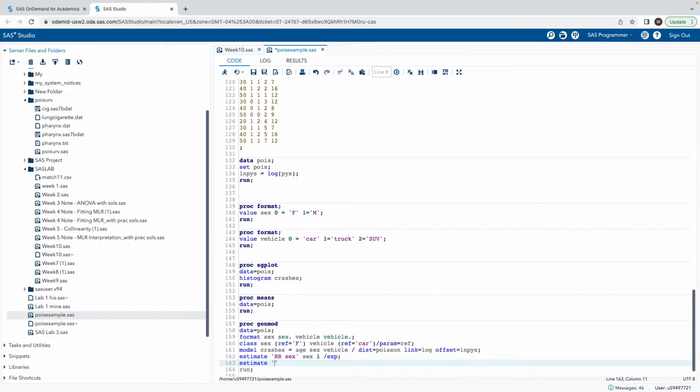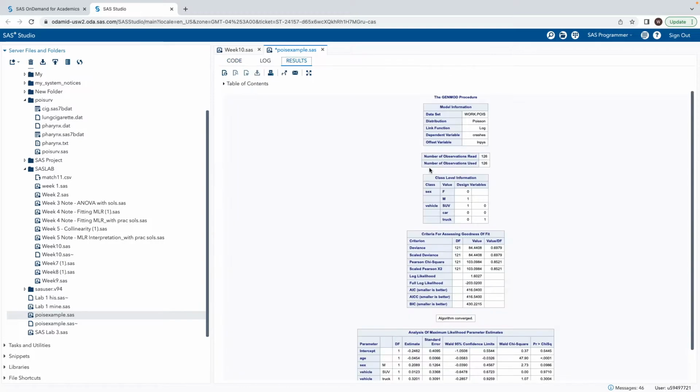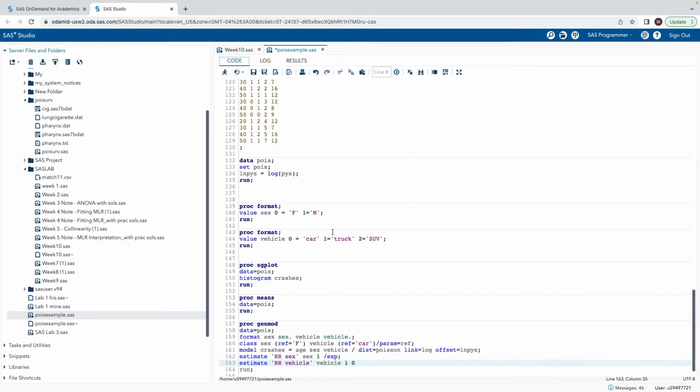We can do that again for the different levels of vehicle. You'll remember that the vehicle design matrix has car in the middle. So if we want to find SUV, we'd put 1 0, or truck we'd put 0 1.